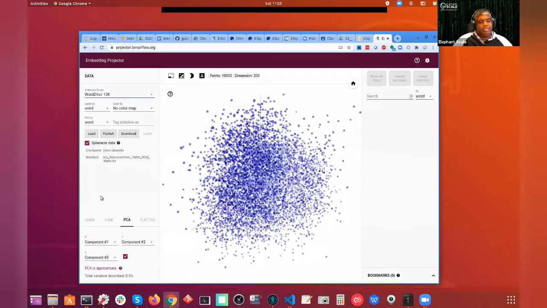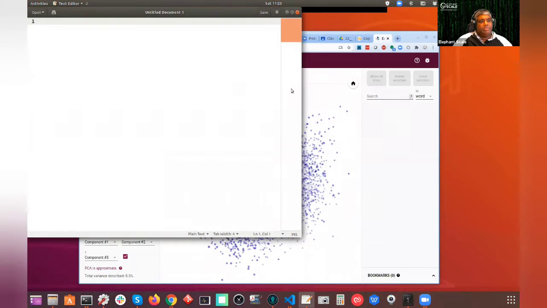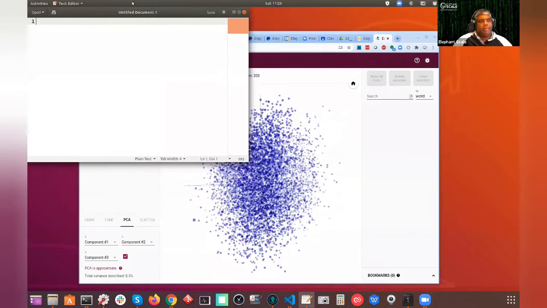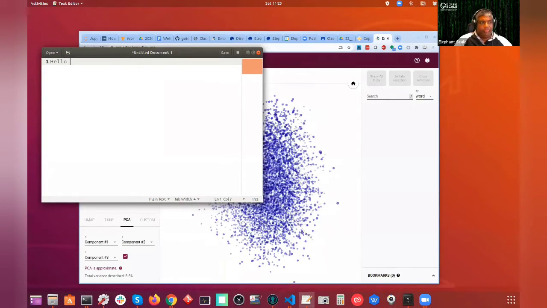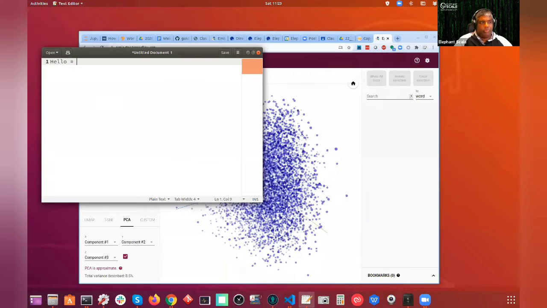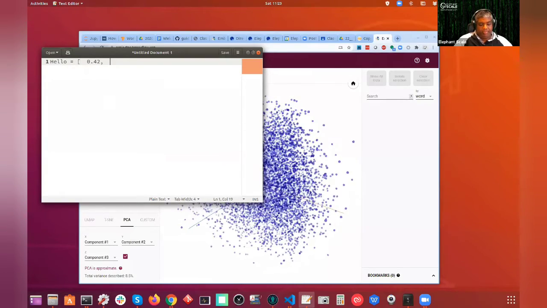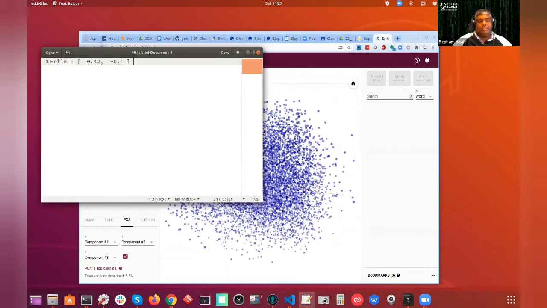So imagine you have a vector. Let me bring this up. Let's say you have a word, say hello, right? So I'm mapping it into a vector. Let's say if we're doing a 2-dimensional vector, something like this, 0.42, minus 0.1. So this is a 2-dimensional vector, right?